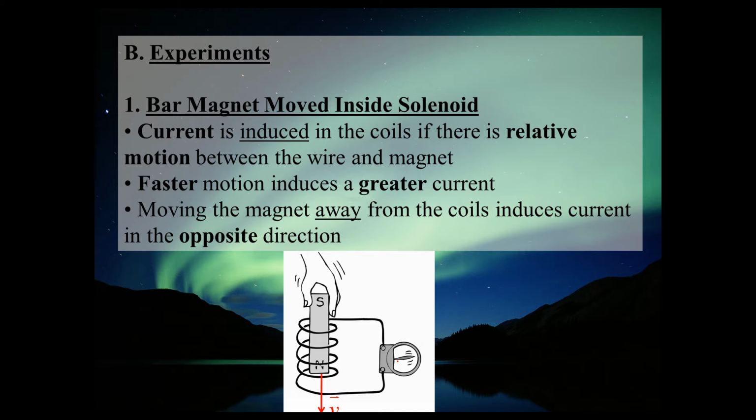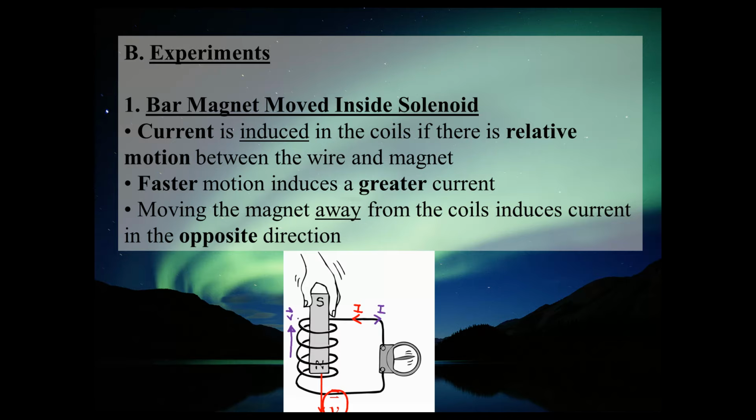I'm not sure if it would induce it in that direction. We'll deal with what direction the current would be induced later on. And then you reverse the direction of motion. So let's say that you now moved the bar magnet out. Moving it in the opposite direction would induce current in a different direction.